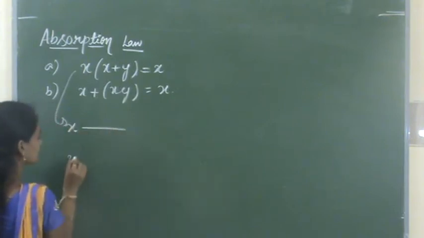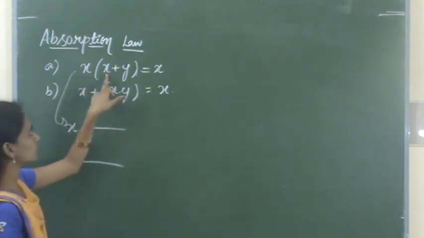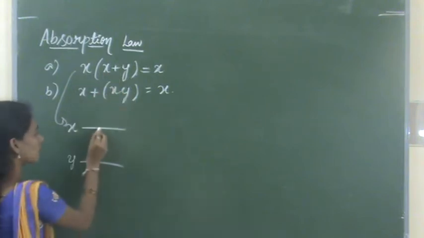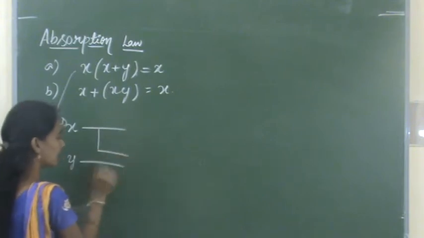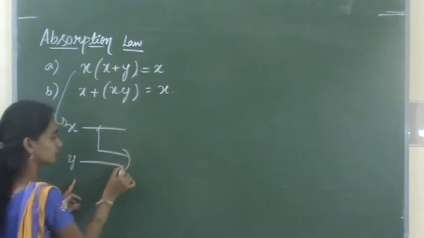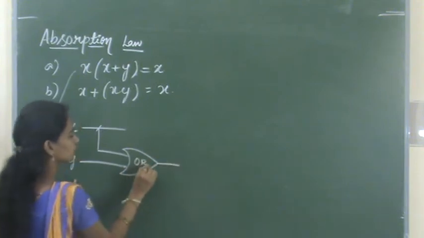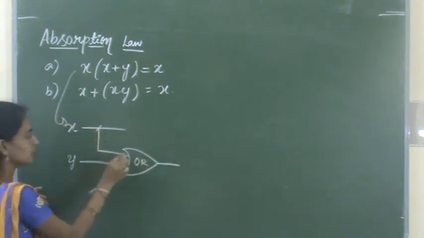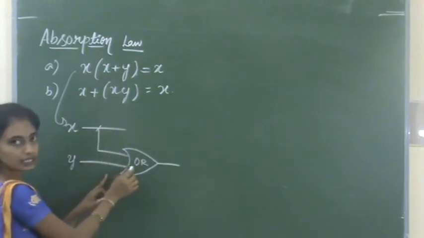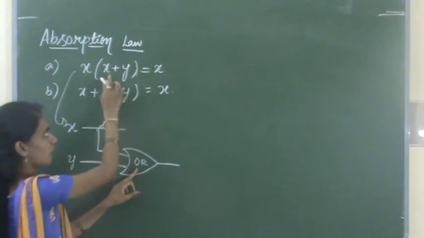First we perform an OR operation with x and y, so we provide x and then y, and this performs the OR operation.